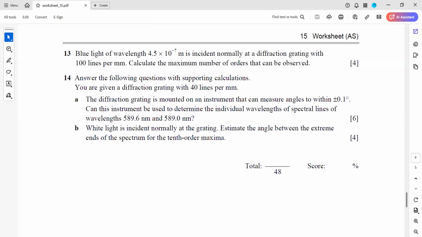If you want to find the order for a minima, then it will be n plus half lambda. Usually we determine for maxima. If it was for how many minima there are, then we'll use d sin theta equals (n plus half) lambda.